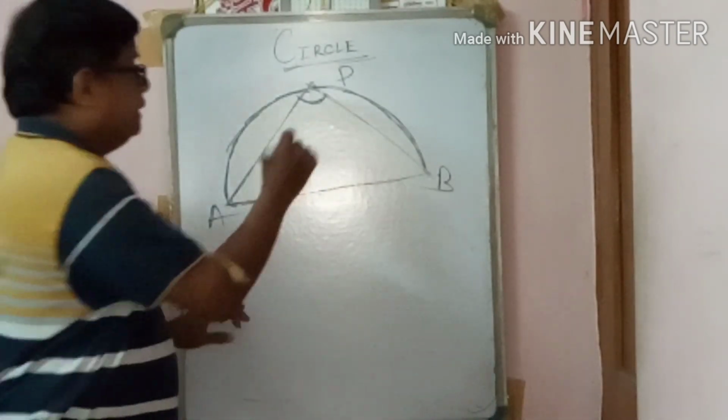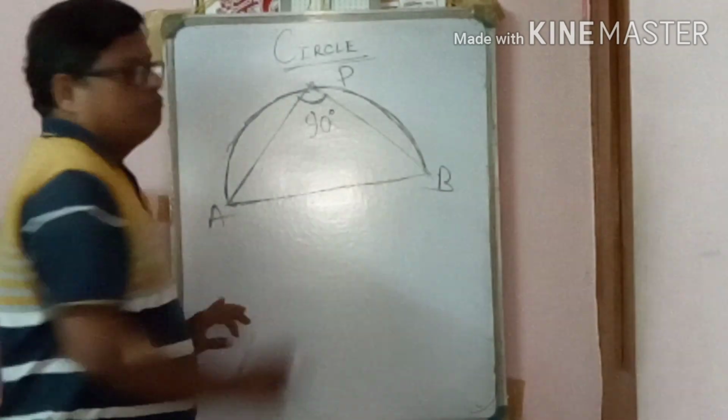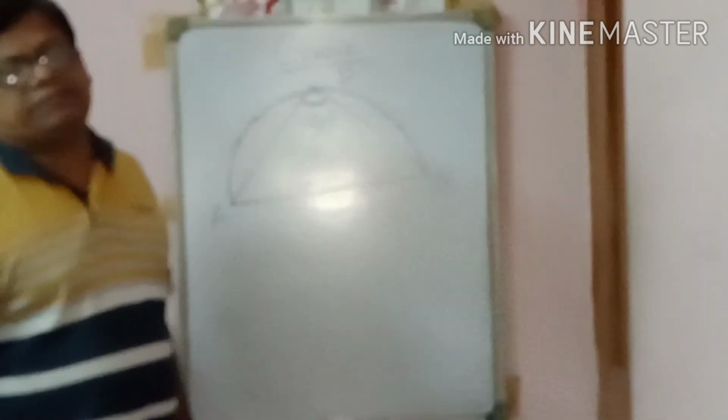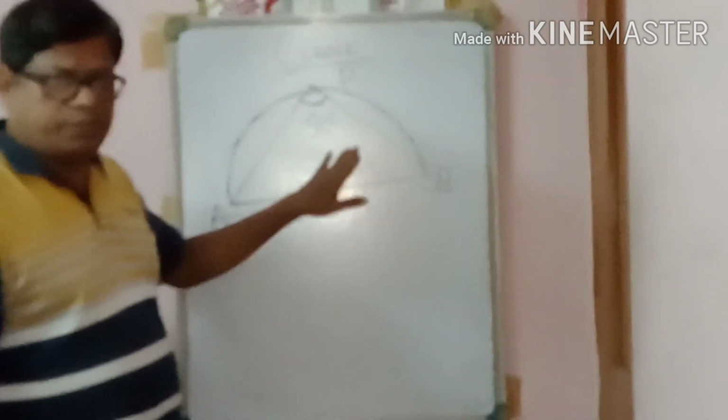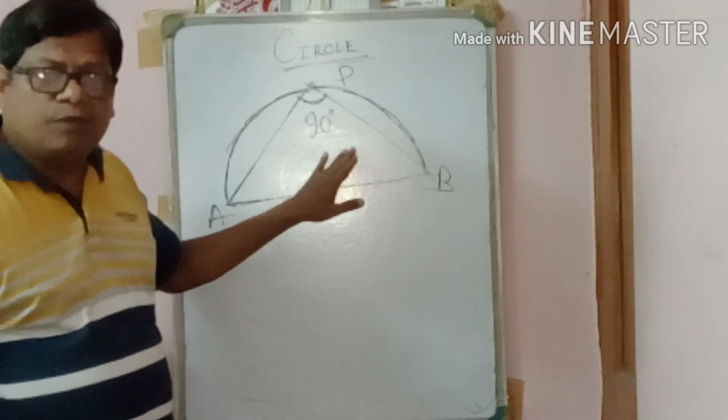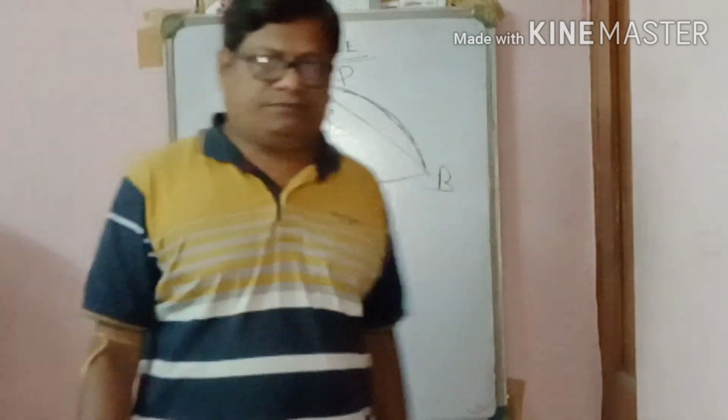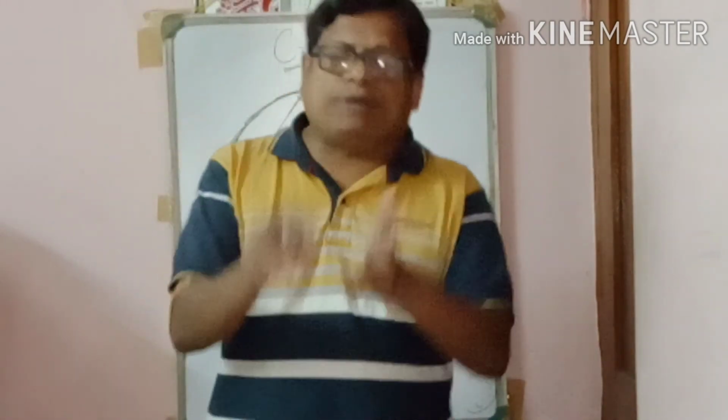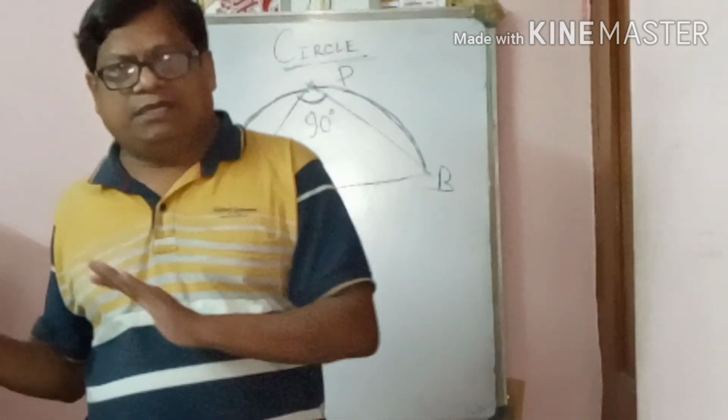This angle is 90 degrees. Keep in mind, very important. A short type question can come: angle in a semicircle is 90 degrees, 45 degrees, 30 degrees, or 60 degrees. Which option is correct? 90 degrees is correct.